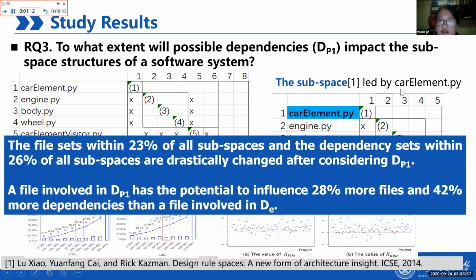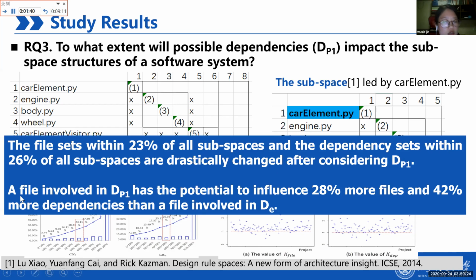Our summary on the subspaces reveals that the file sets within about 23% of all subspaces are drastically changed after considering possible dependencies. And also, the dependency sets within 26% of all subspaces are drastically changed after considering DP1.